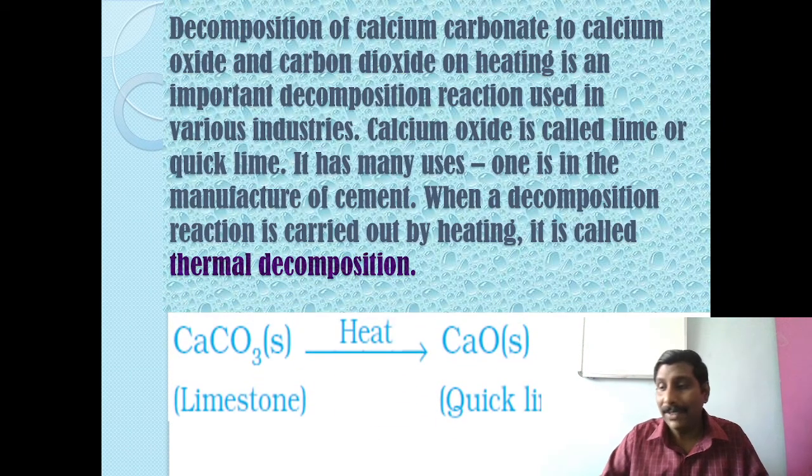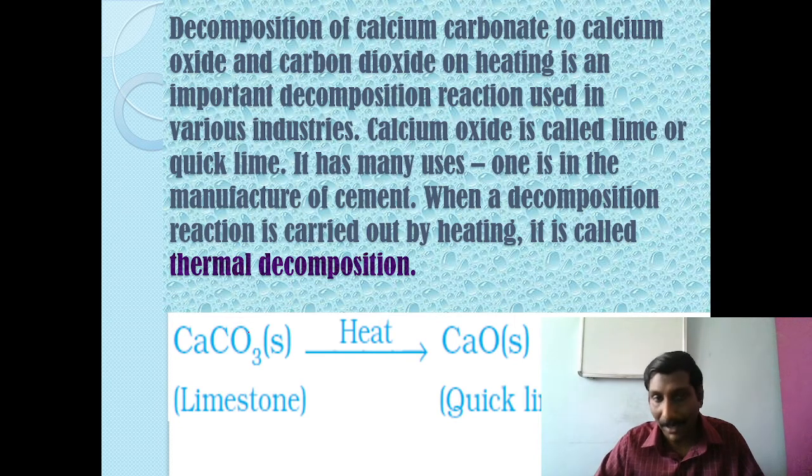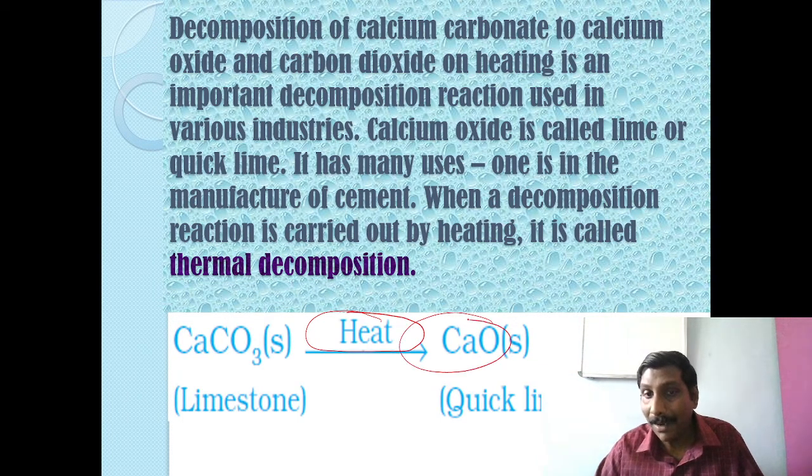Now we will discuss the decomposition of calcium carbonate. This calcium carbonate undergoes heating. It decomposes to give calcium oxide and carbon dioxide. Calcium carbonate decomposes to give calcium oxide and carbon dioxide with the help of heat.